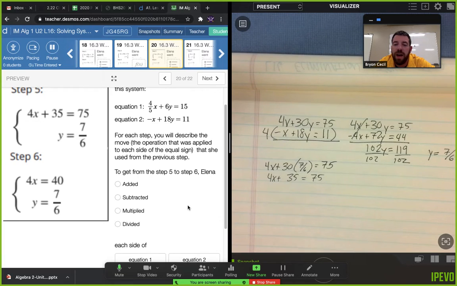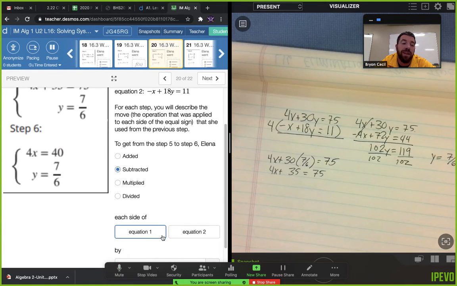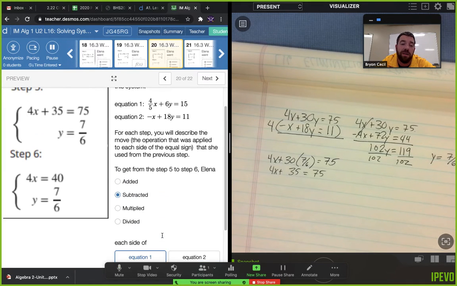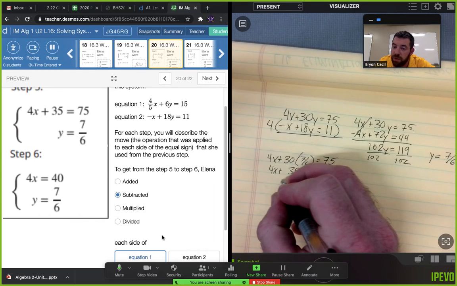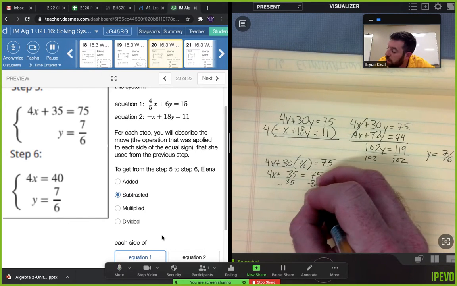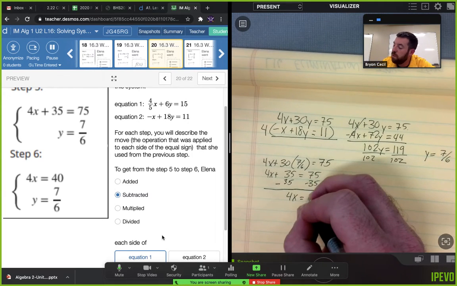Okay, so now that we're here, guys, the next thing you're going to do is subtract 35 from each side of equation 1, because if we look over here, we're going to isolate the variable, and I'm going to get 4x equals 40.